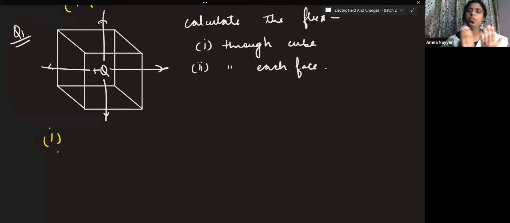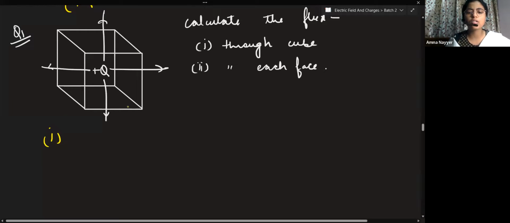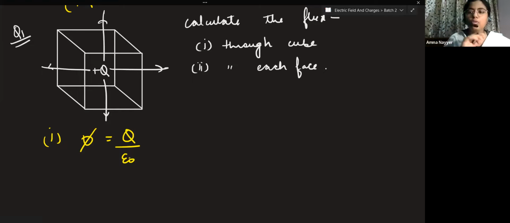So now if you apply Gauss law, what does it say? Electric flux is simply Q divided by epsilon naught. So this will be the total flux through the surface. Total flux through the surface will be Q divided by epsilon naught. This will be through the whole cube.